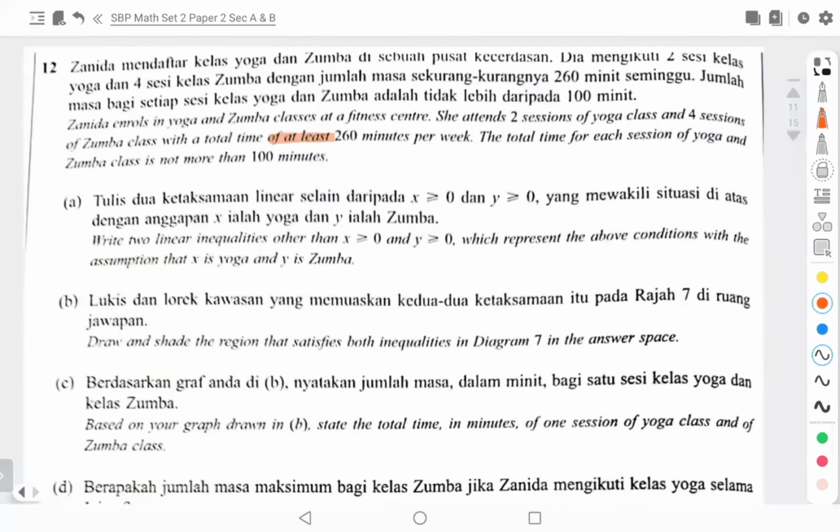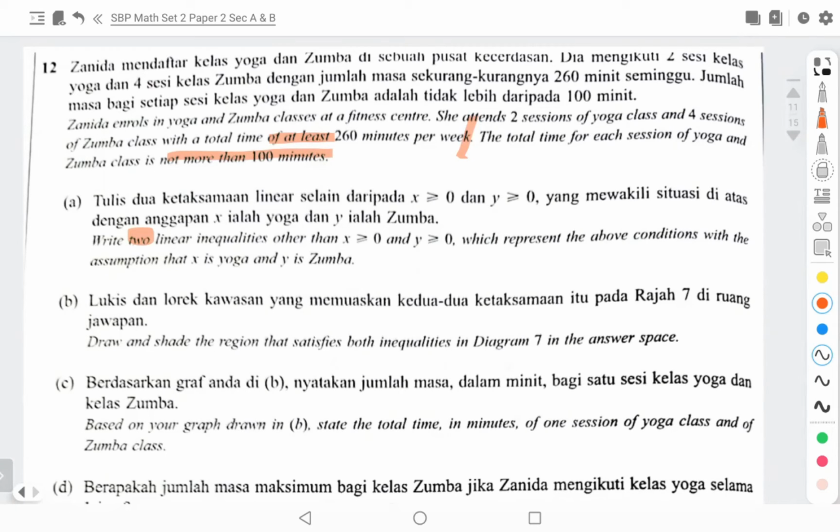The total time for each session of yoga and Zumba class is not more than 100 minutes. So A, write 2 linear inequalities other than x greater than or equal to 0 and y greater than or equal to 0, which represent the above conditions.